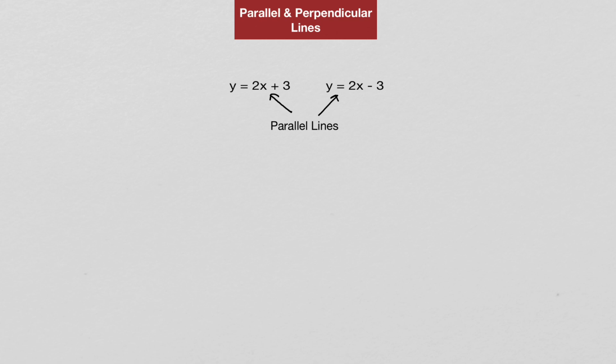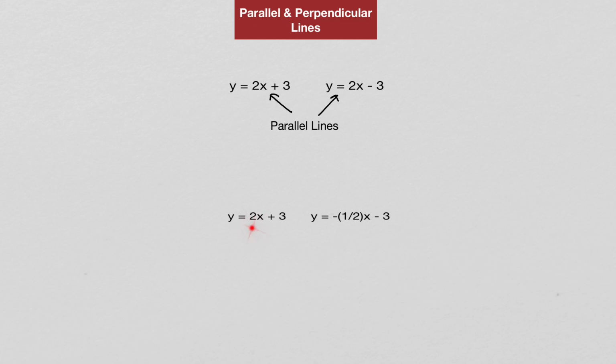We have two equations: y equals 2x plus 3 again, but this time another equation, y equals negative 1/2 x minus 3. When you look at the slope, 2, in the first equation and compare that to this negative 1/2 x, we see that negative 1/2 is actually the negative reciprocal of 2.